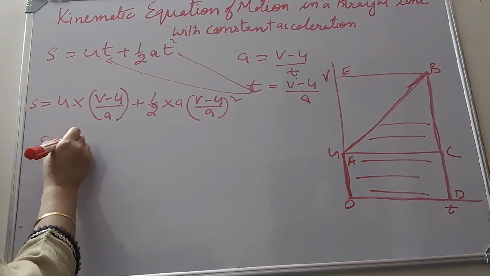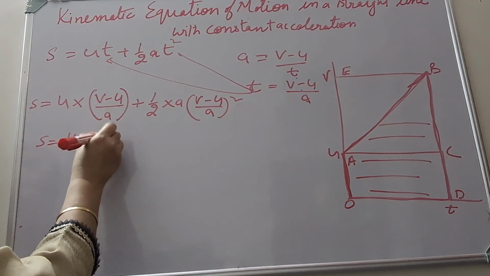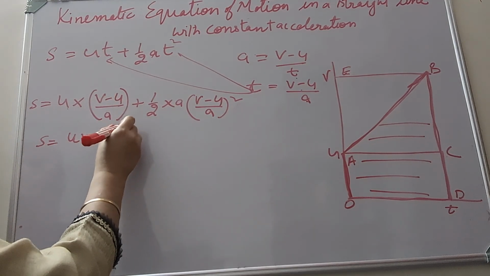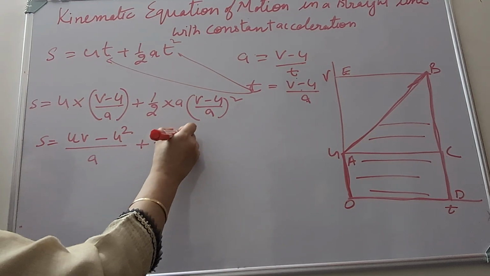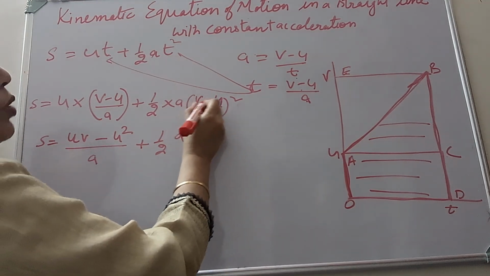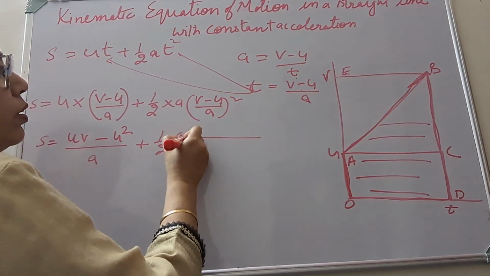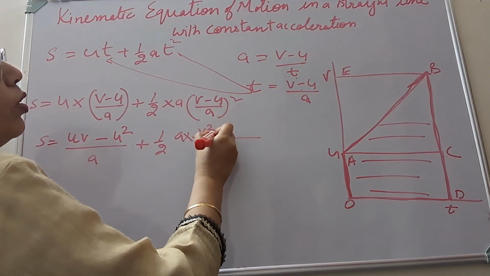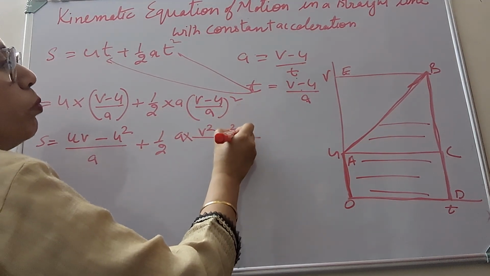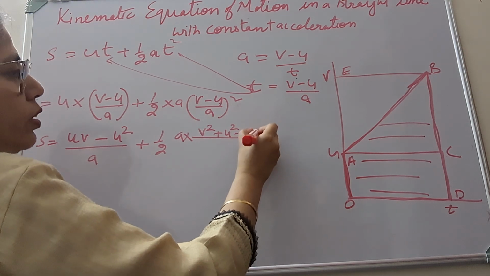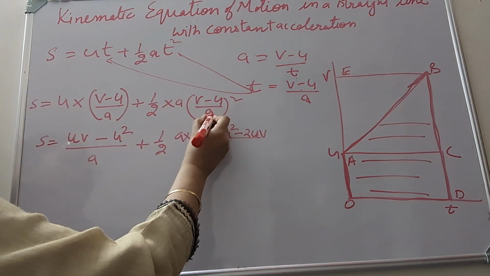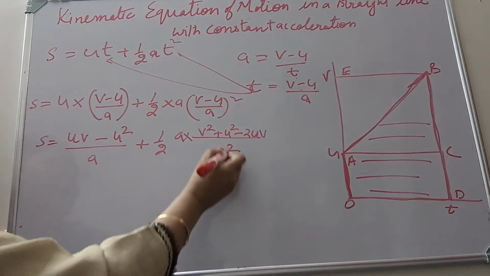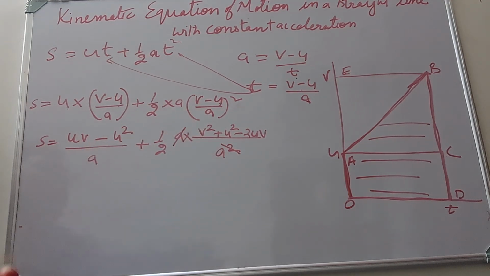u into v, uv minus u square upon a, plus half a. We expanded v minus u: v square plus u square minus 2uv. Algebraic equation that you have studied, expanded. Now a is a square, now this a cancels.